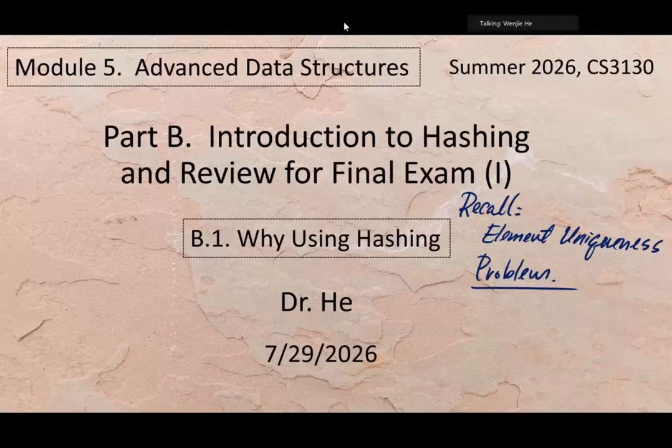Remember, we have method 1 and method 2. We compare the two methods. Method 1 is the brute force method. We do comparisons immediately, but we need to do global comparisons.